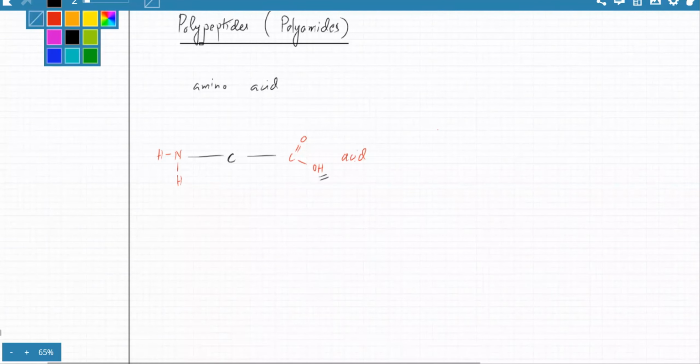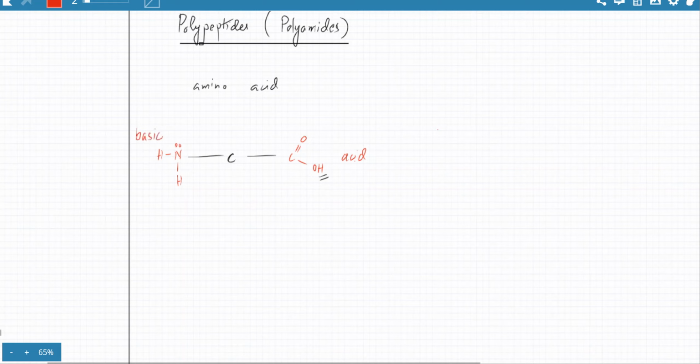And on the other side, you have a basic group. The N has lone pairs. Remember, anything with N is basic, except for amides. So this side is basic, and then there would be two other things attached to that carbon atom in the middle. There's going to be an H, and there would be some R group attached to this amino acid.